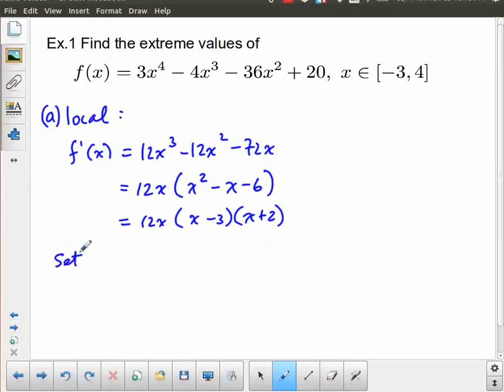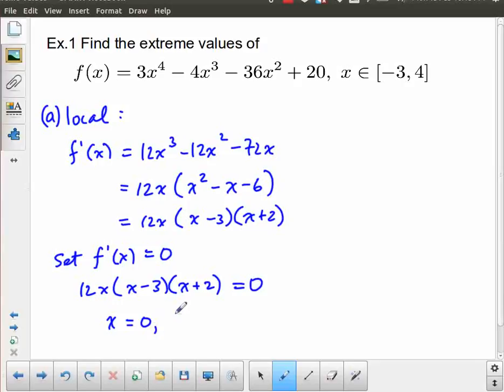Now we are going to set f prime of x equal to 0. So I get 12x times x minus 3 times x minus 2 is equal to 0. Sorry, I said x minus 2. That should be x plus 2. For that to be equal to 0, I end up with solutions x is equal to 0, 3, or negative 2.